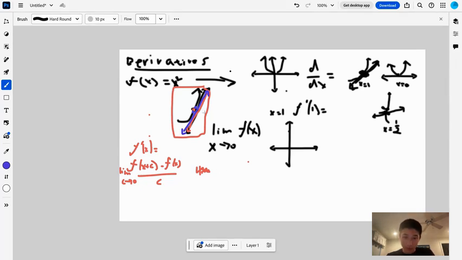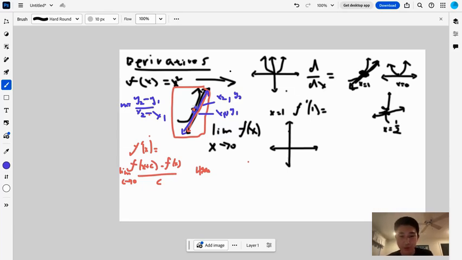So let's say the coordinates of this were x1, y1, and this was x2, y2. The slope of this would just be y2 minus y1 divided by x2 minus x1, right? Simply just the change in height, the change in y, over the change of x.